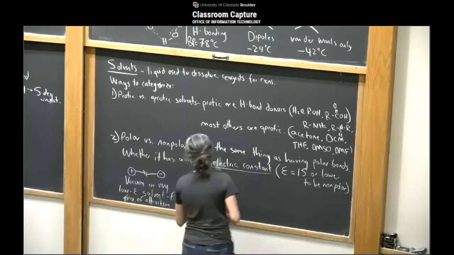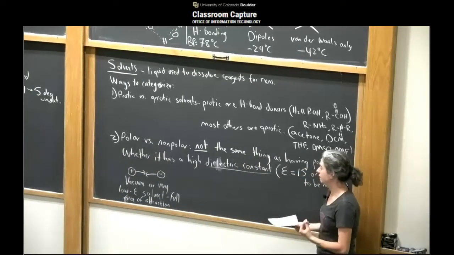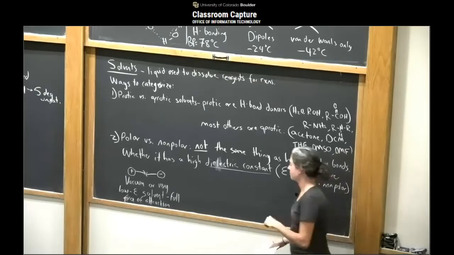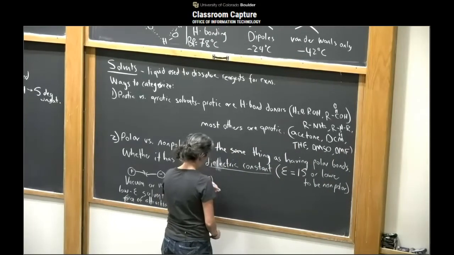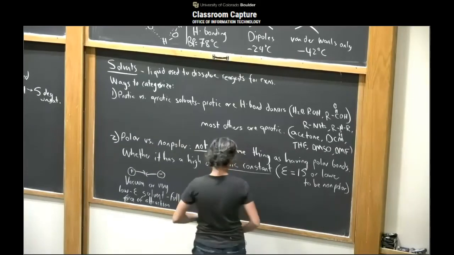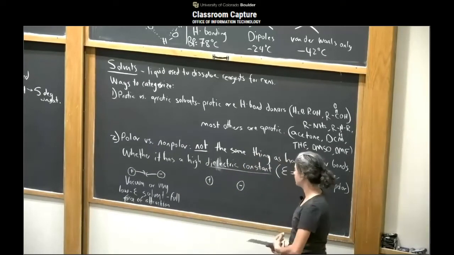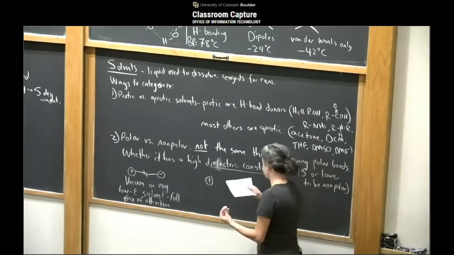Okay, so what we're doing with a higher dielectric constant material, like a polar solvent, for example something with E over 15, is that these solvent molecules are getting in the way and blocking these things from getting at each other.